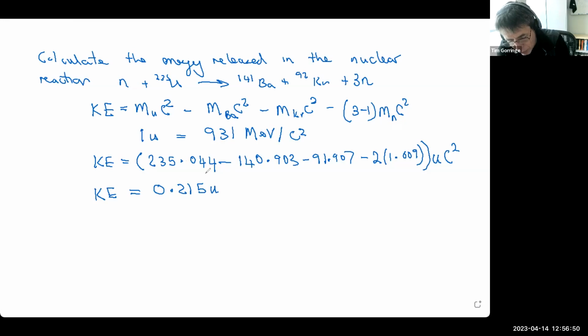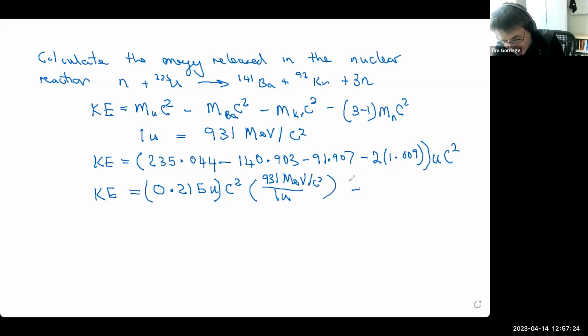And if we want to calculate the energy, that's c squared times this amount of atomic mass units. And if I want to convert this number to MeV, then I would multiply by the conversion factor, where 1 U, one atomic mass unit, is 931 MeV over c squared.